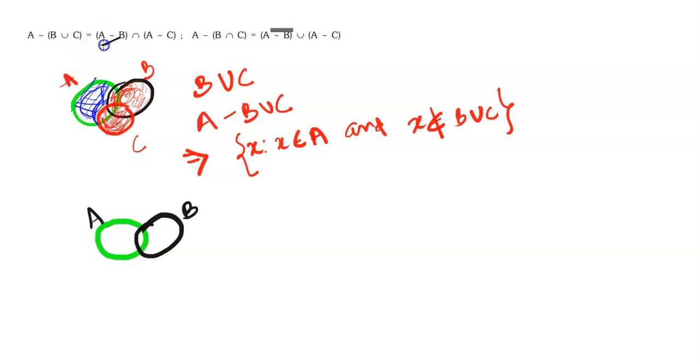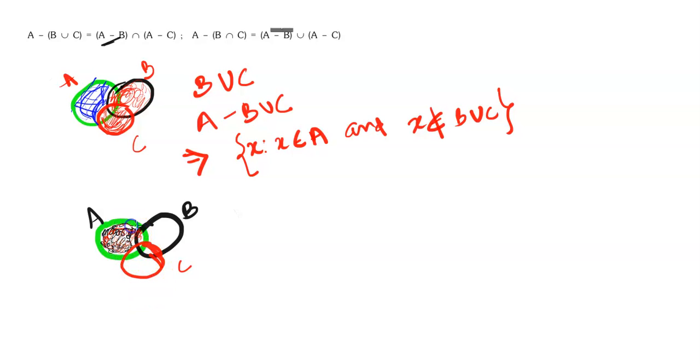A minus B is every element which belongs to A but does not belong to B. Now if there is also C in it, then A minus C is anything which does not belong to C but belongs to A, which is this.